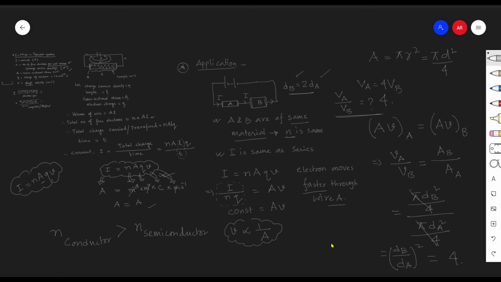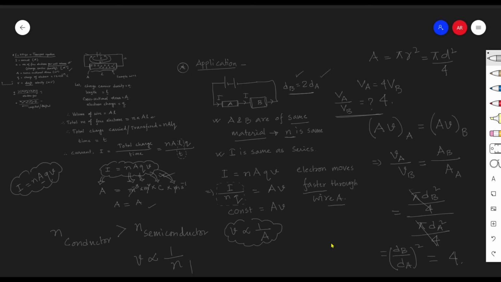Now, through which wire will electron be moving faster if both of them are identical in dimension, meaning they have the same cross-sectional area? Look at the equation again and you see that drift velocity is inversely proportional to the charge carrier density.